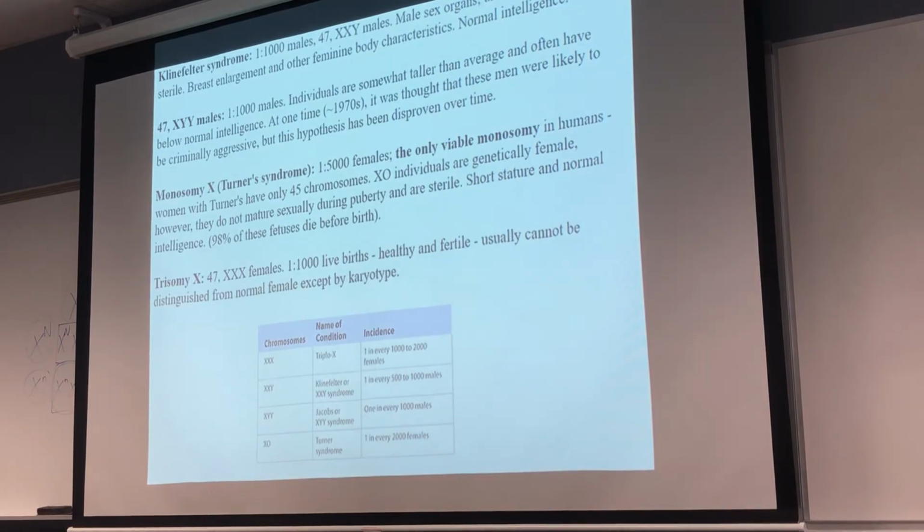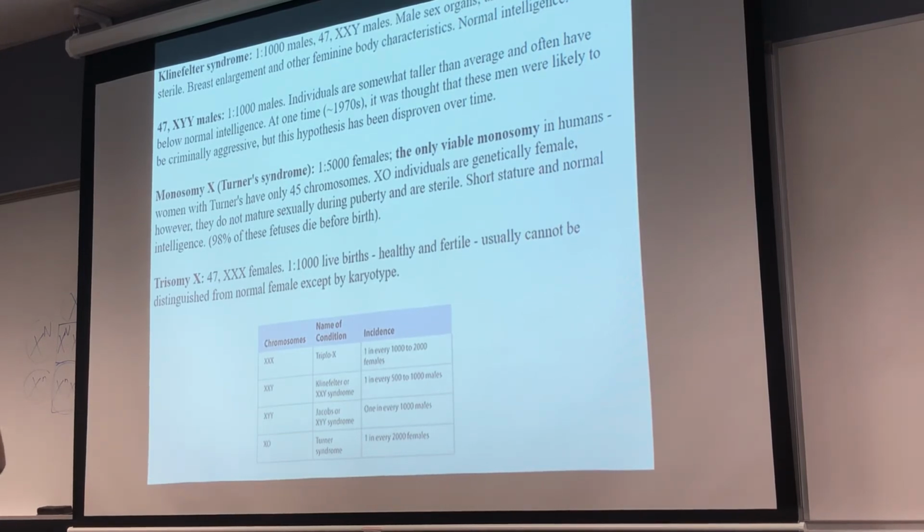They are genetically female, however they do not mature sexually during puberty and are sterile, so note that. Non-disjunction of sex chromosomes, sterility. They have short stature and normal intelligence. Trisomy X: they are healthy and fertile, and cannot be distinguished from a normal female except by karyotype. So non-disjunction also happens with sex chromosomes.